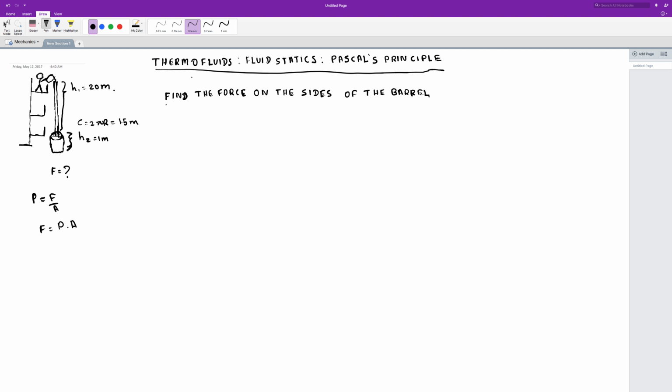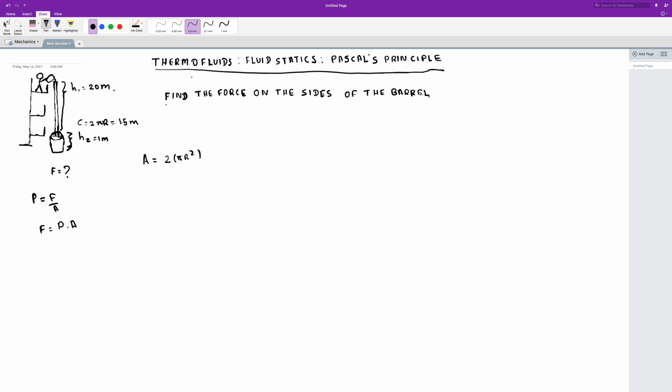So area, first let's find the area. The area of the barrel is going to be, first of all, the circle at both the bottom and the top. So this is going to be 2 times pi r squared. Here they have given the length of the circle, that is 2 pi r is equal to 1.5. But we have to find the radius.